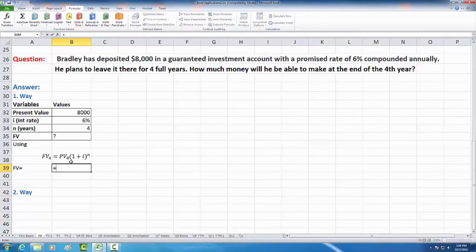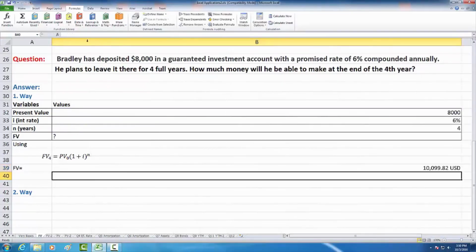You write present value, which is $8,000, times, open a parenthesis, 1 plus the interest rate, here is the interest rate, to the power, this is the power sign, 4. When you click enter, you will have the answer.